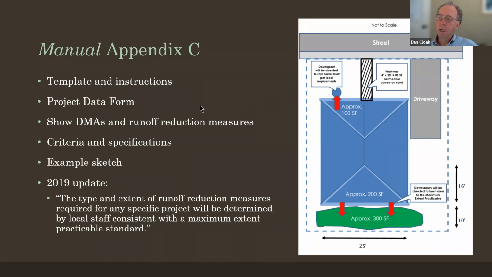It's got a project data form, just information about the project to fill out, to show areas that are draining to a runoff reduction measure and the runoff reduction measure used, some criteria and specifications for those runoff reduction measures. It's got an example sketch in it to give a sense of the level of detail that's expected. And I'll just use this to basically show what needs to be shown on one of these for it to be in compliance and to meet reviewer expectations.